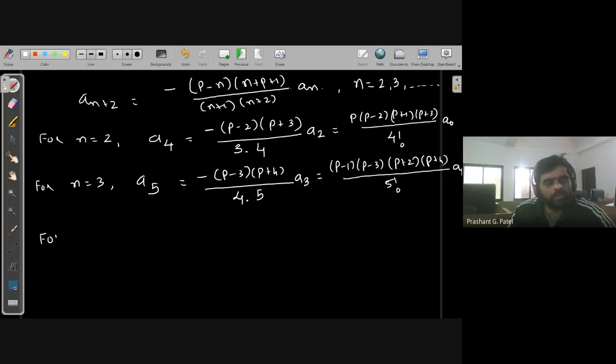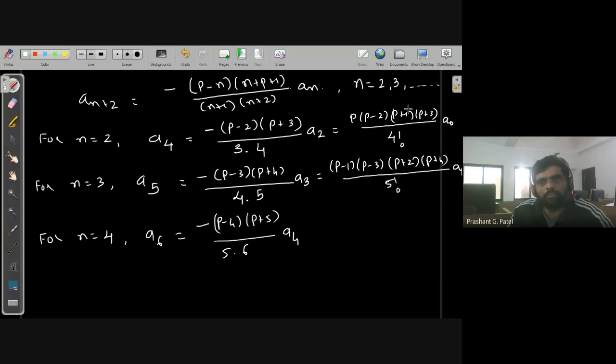Same way you can have the value for n equal to 6 when I substitute n equal to 4 here. This will give you minus of (p minus 4)(p plus 5) upon 5 into 6 a4. But the value of a4 is this.